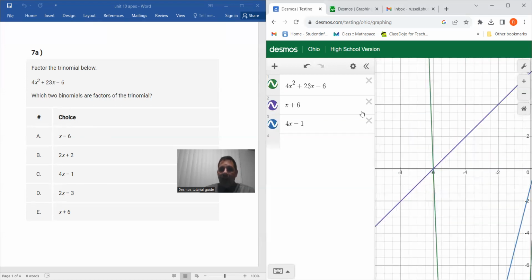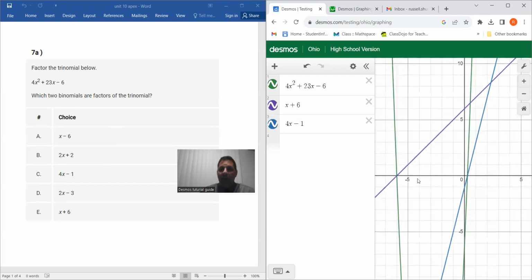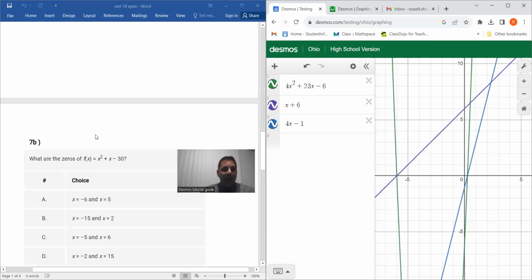So there's your two factors. x plus 6 crosses at this 0, and 4x minus 1 crosses at that 0. My two factors would be 4x minus 1 and x plus 6. So use the fact that those factors will cross the x-axis at the same location. That's how you can find the factors.